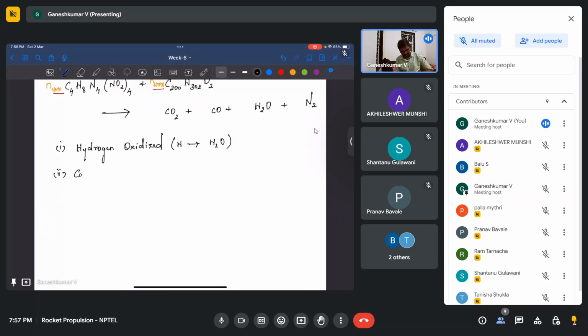Next, carbon gets oxidized to carbon monoxide. If there is any oxygen left, carbon monoxide forms carbon dioxide, and assume that nitrogen just forms N2.